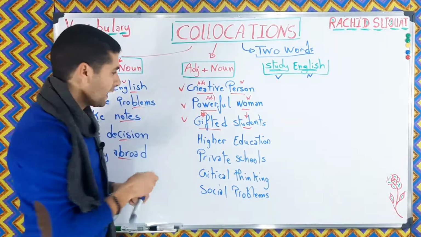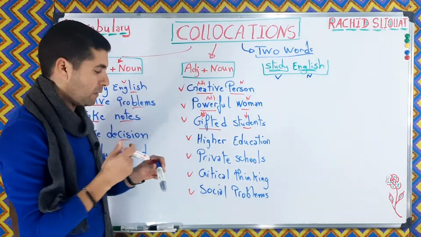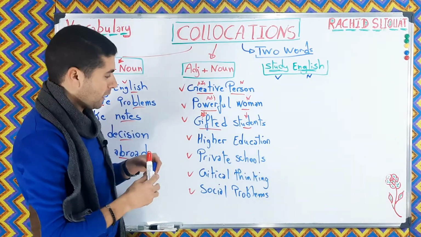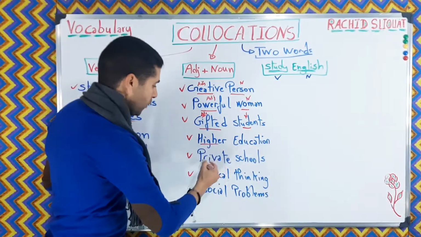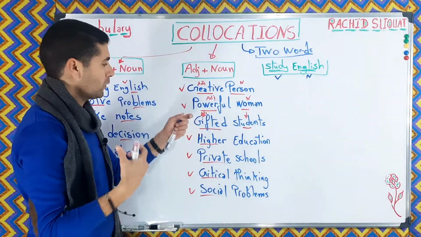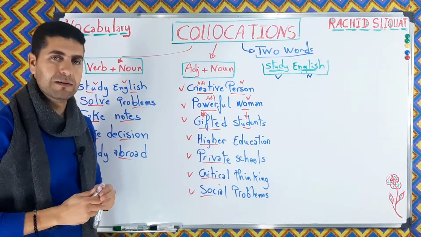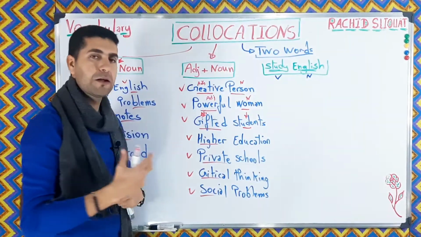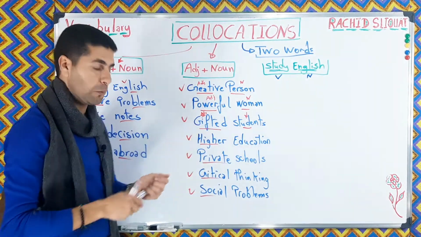So I'm just giving you some examples, only some examples of collocations with, as you can see, adjectives and nouns. So all these ones are adjectives, okay? So creative, powerful, gifted, higher, private, critical, and social, all these are adjectives and nouns, adjective, noun, all right?